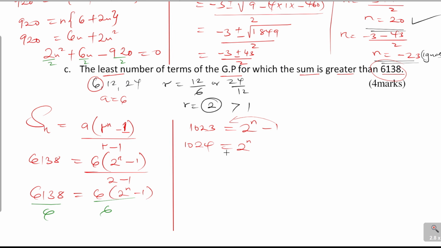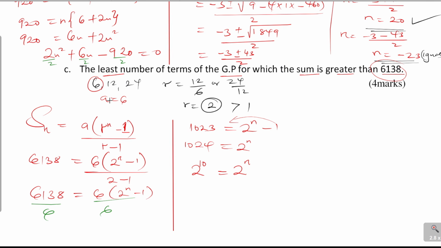So we can use indices here, because I can see that it is possible to express 1024 in power form, with the base of 2. 1024 written in power form with the base of 2 is the same as 2 to the power 10. That is 1024, which is equal to 2 to the power n.